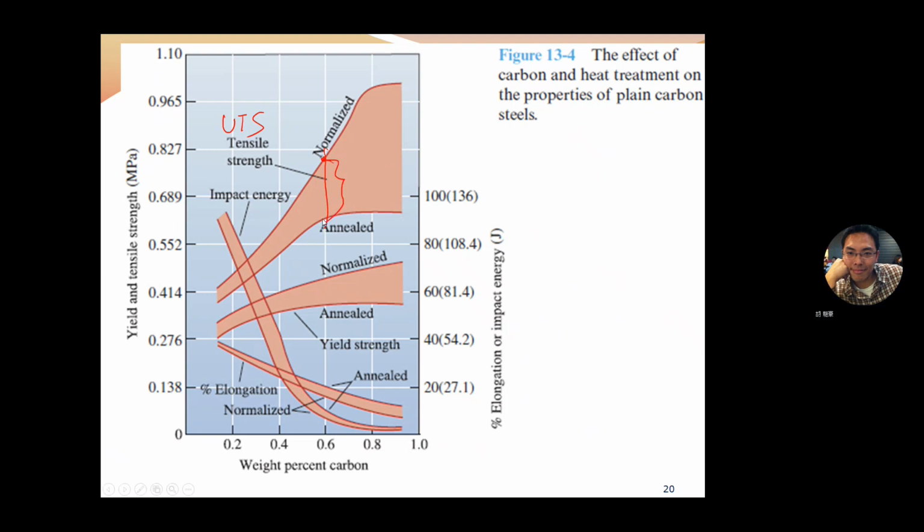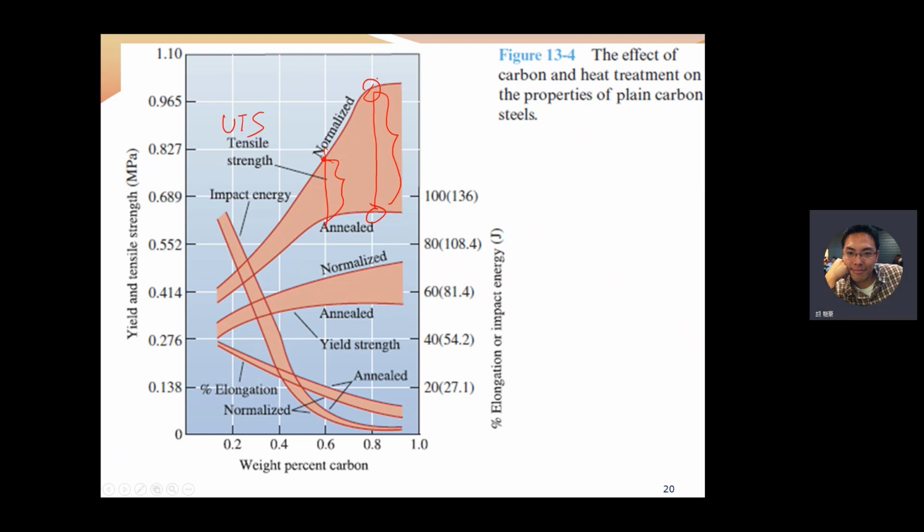With a higher carbon content, say 0.8 weight%, we can control its UTS in this higher range.